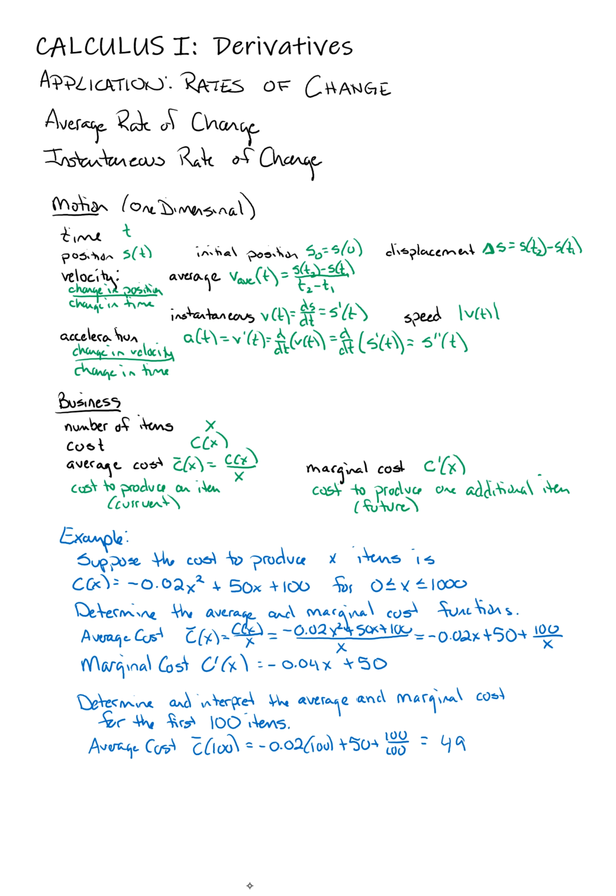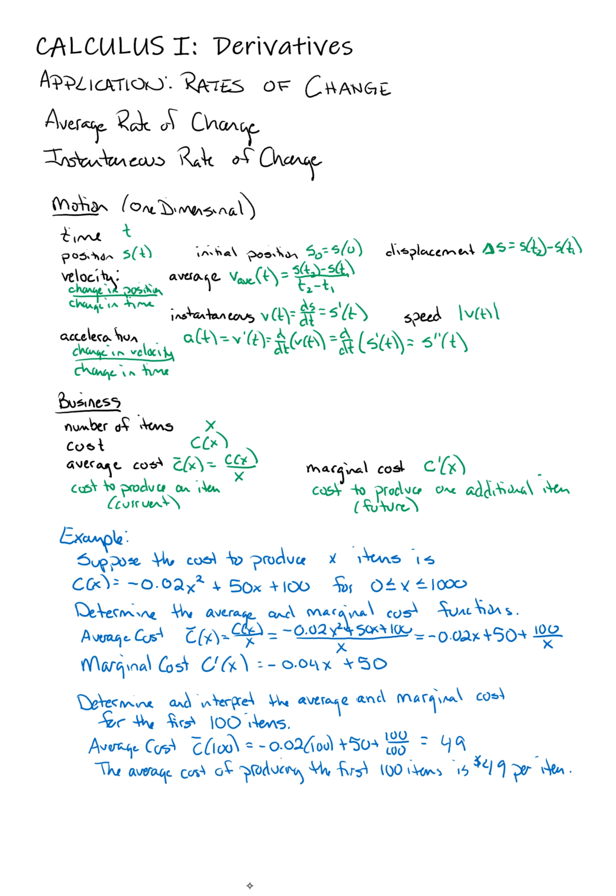What does that mean? The average cost of producing the first 100 items is about $49.50 per item.